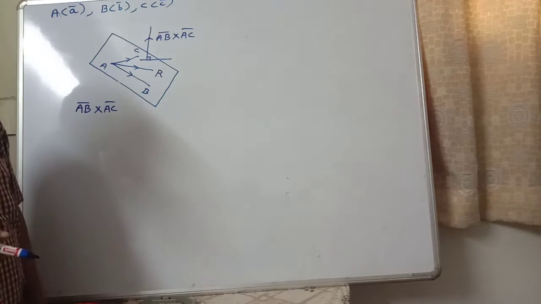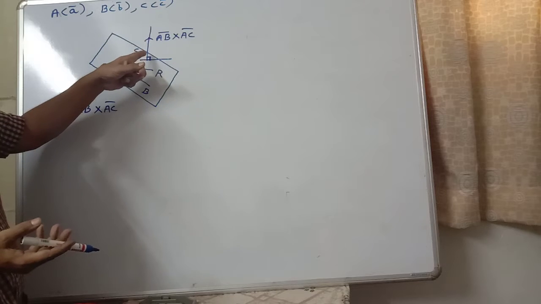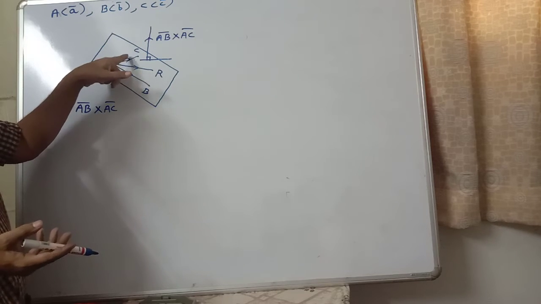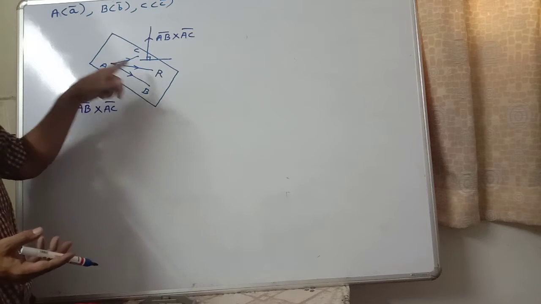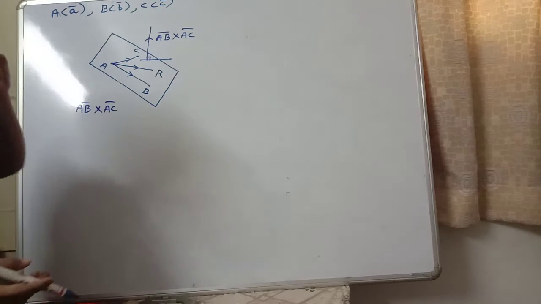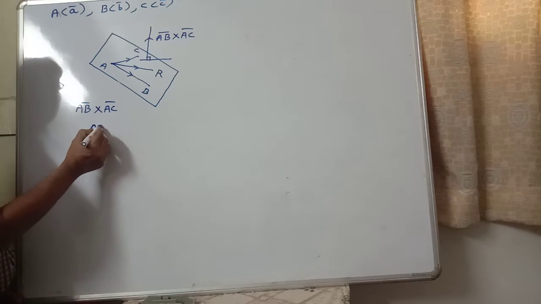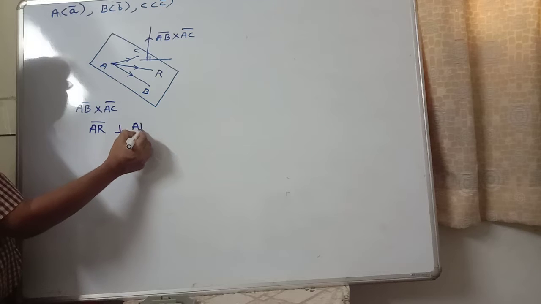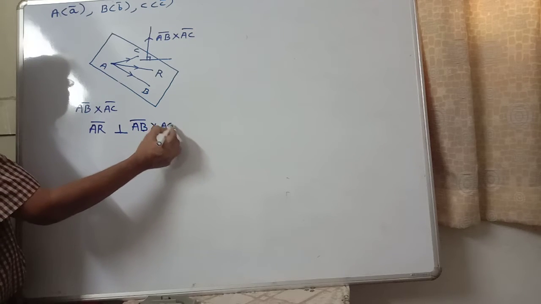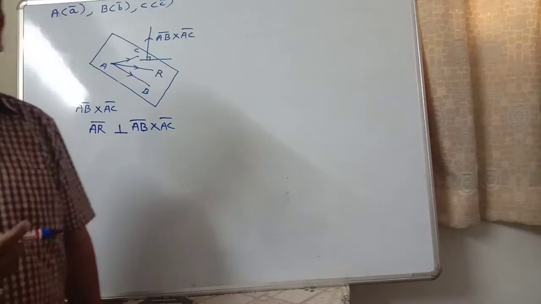Cross product of 2 vectors is a vector quantity. It is perpendicular to plane of AB bar and AC bar. So it is perpendicular to each line or each vector in this plane. Therefore, AR bar, it is perpendicular to AB bar cross AC bar. 2 vectors are perpendicular to each other.